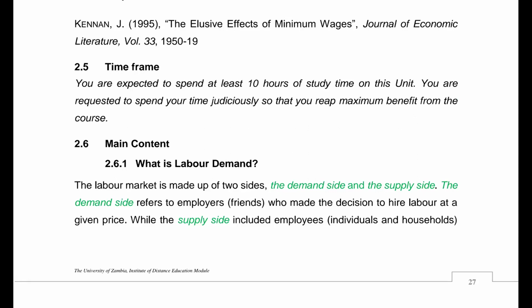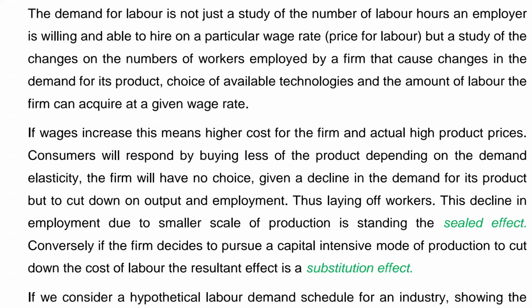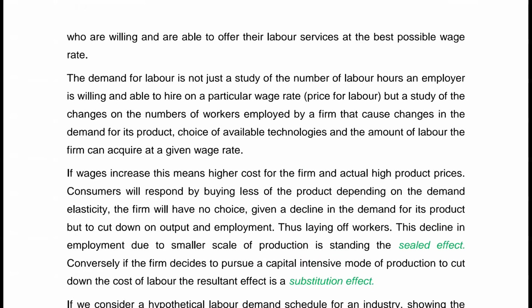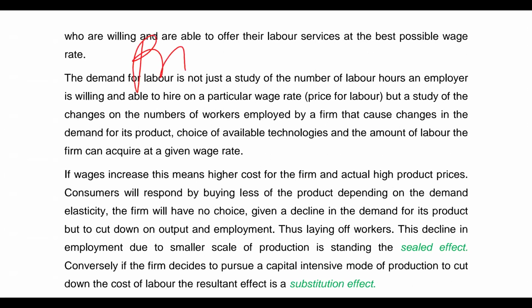And the supply is made up of the employees, the households, that are willing and able to offer their labor services at the best possible wage rate. The price for labor here is the wage rate. So there are people who are willing and able to provide labor at that point. That's the supply.